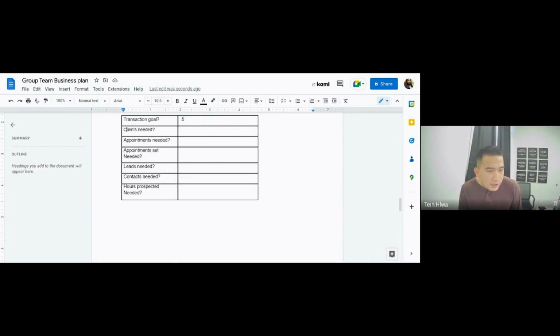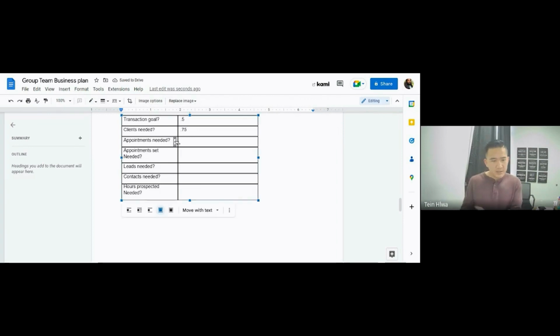If you're on weekly, this is where the transaction part won't be as big of a deal. What we're really trying to get to, guys, is the key performance indicators, which are the clients, appointments met, things like that. The numbers are going to get funky in regards to transactions because it's going to break down to whatever the math is. But you could round that up, make it 1 transaction a week.